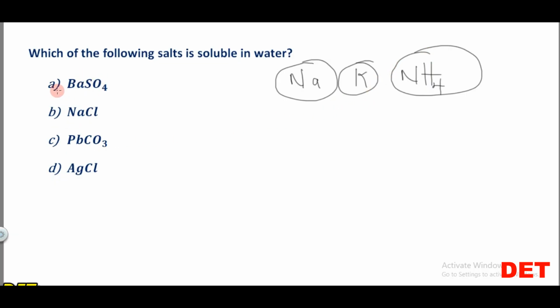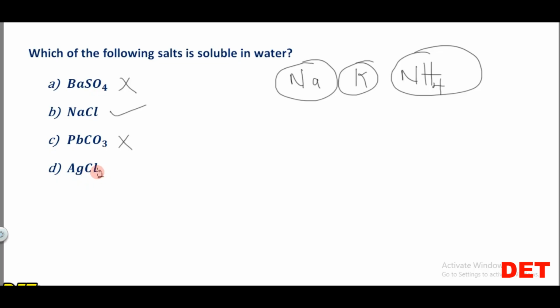Alright, so barium tetraoxosulfate(VI) is insoluble in water. Sodium chloride is soluble in water because it's sodium, right? All common salts of sodium, potassium, and ammonium are soluble in water. Lead(II) trioxocarbonate(IV) is insoluble in water.